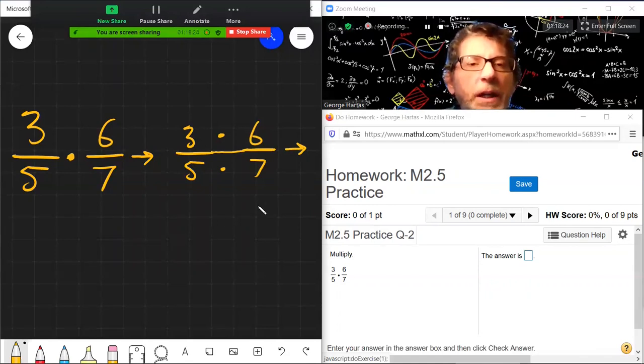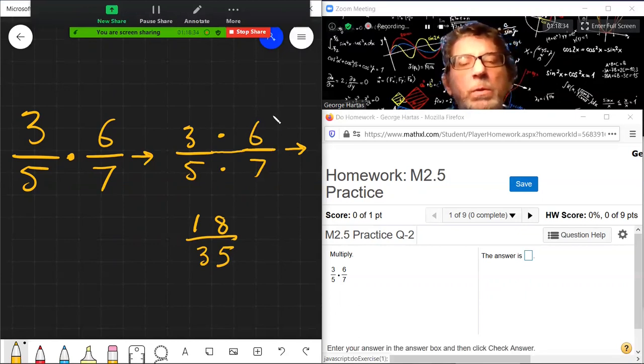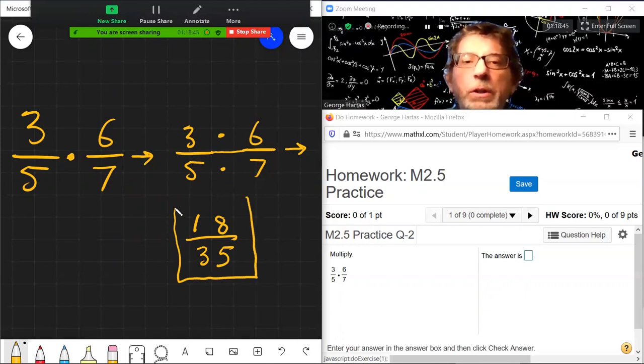So we have 3 times 6, which is 18, over 5 times 7, which is 35. So if you cannot reduce here, if you cannot cancel this to make it a smaller fraction, then guaranteed your final answer is already fully reduced. So don't even bother checking here to reduce, because it will not.